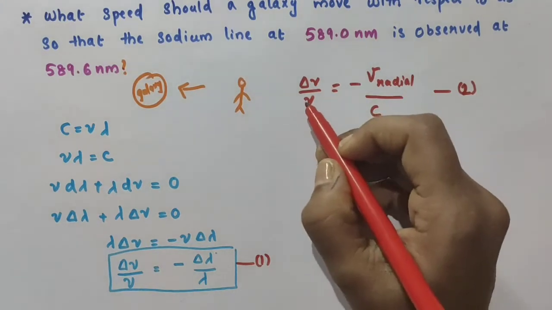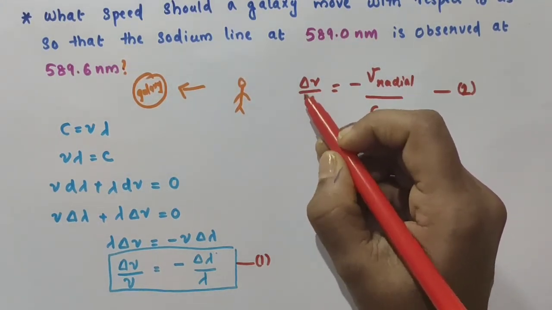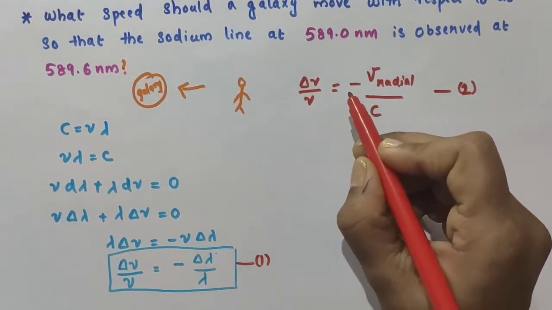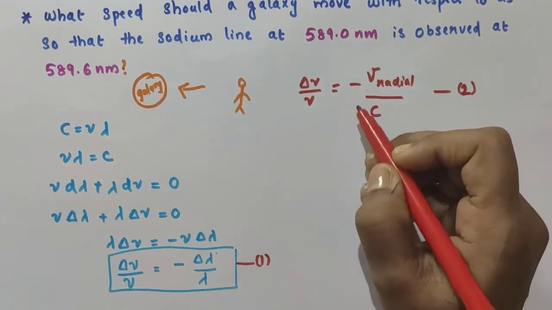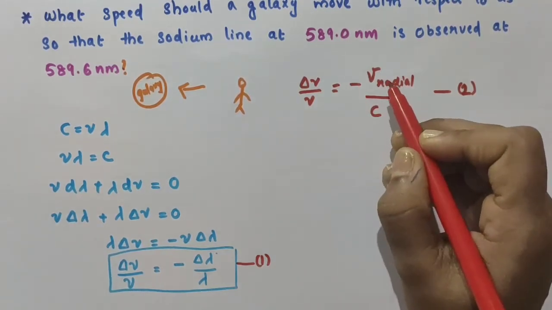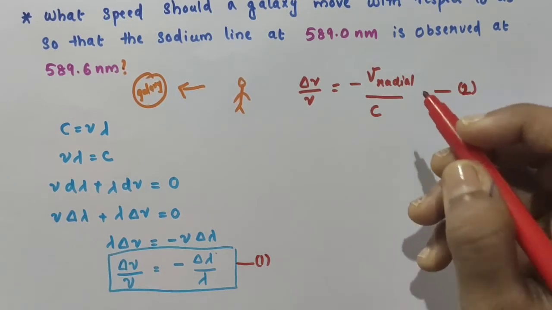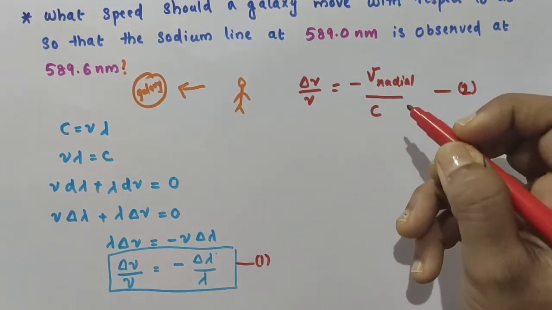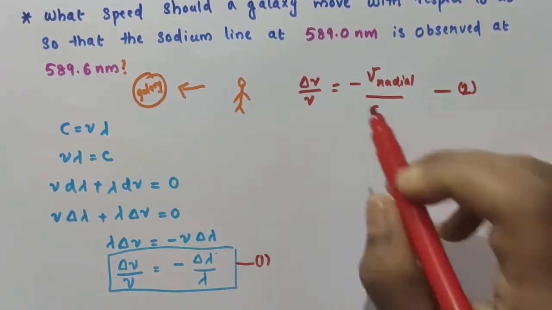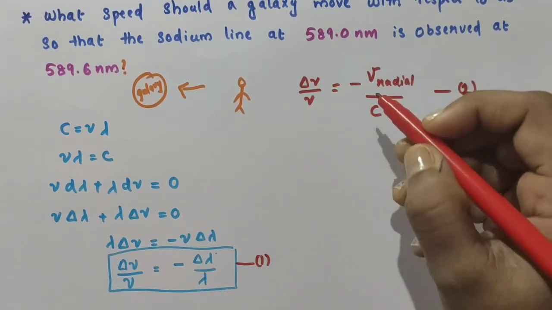That is, the fractional change in frequency delta nu by nu is equal to negative of V radial divided by C, where V radial is the component of the source velocity along the line joining the observer to the source. That is, V radial is simply the speed with which the source is moving.